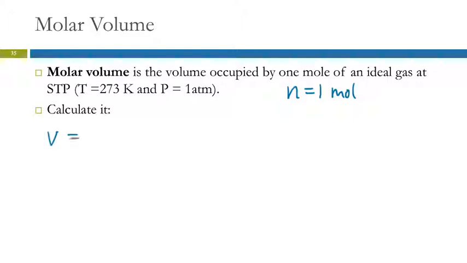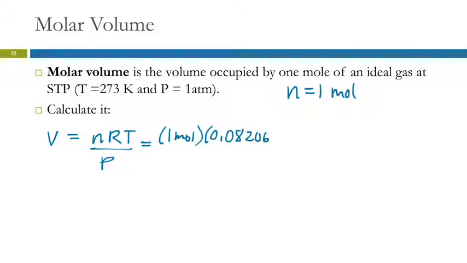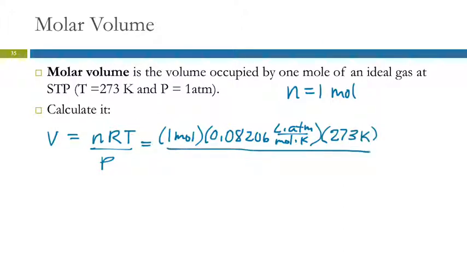Volume equals nRT over P. That's just a rearrangement of the ideal gas law. And we can plug our numbers in. n is 1 mole. R is 0.08206 liter atmospheres per mole Kelvin. Temperature, 273 Kelvin. Pressure, 1 atmosphere.